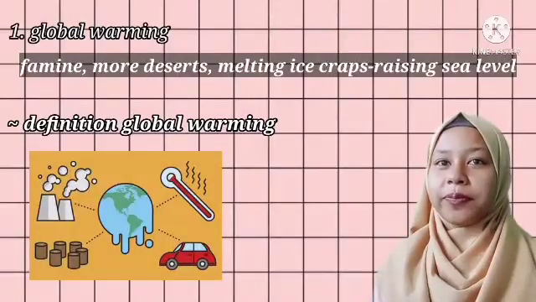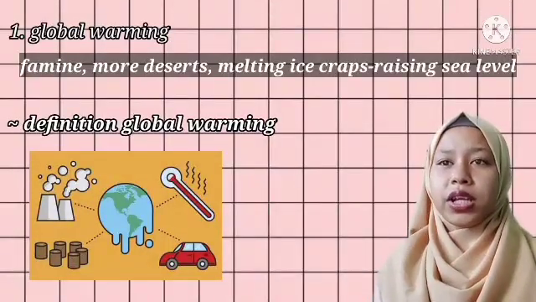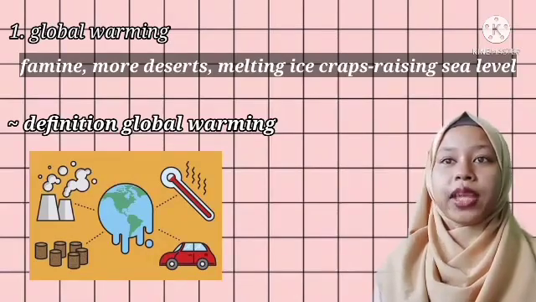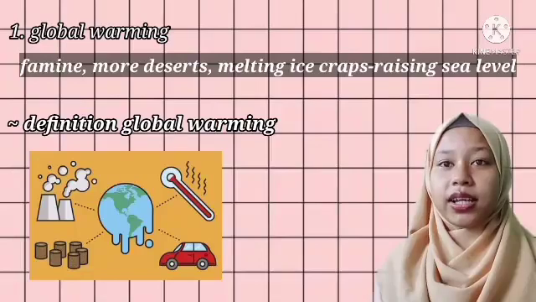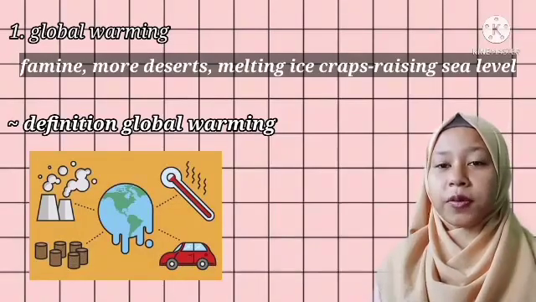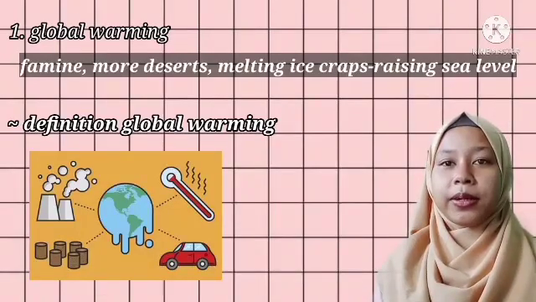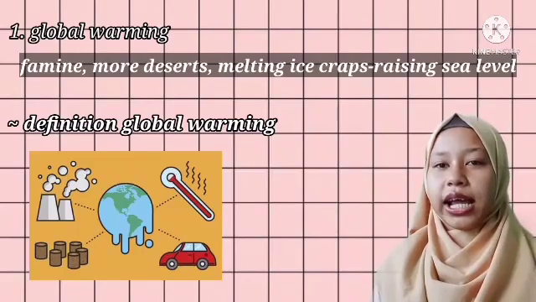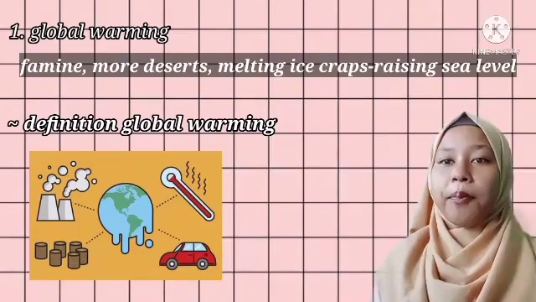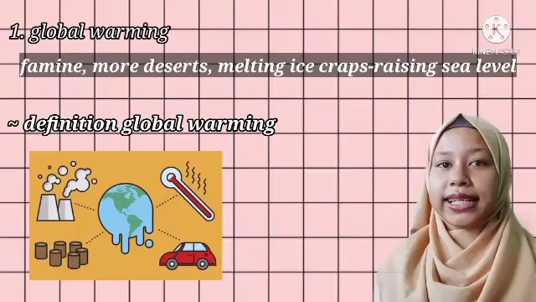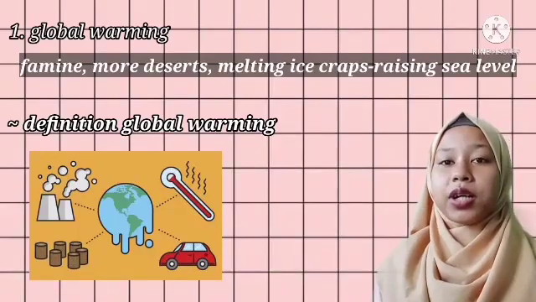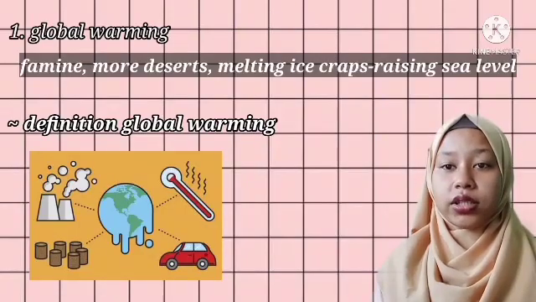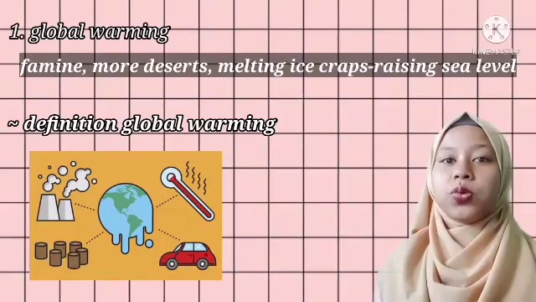Definition: global warming. Global warming is a phenomenon of increasing average temperature of the atmosphere, sea, and land of the earth as a whole. Global warming can also be interpreted as an increase in the temperature on the earth as a whole, marked by melting polar ice and temperatures in various places around the world tending to rise.